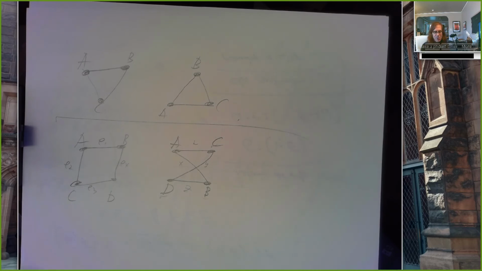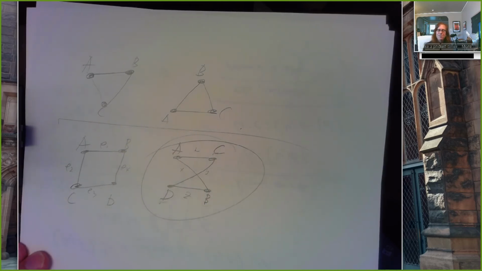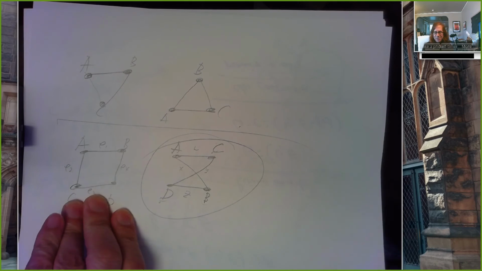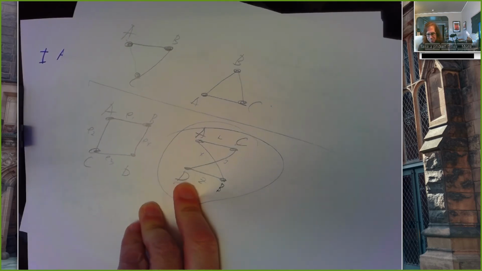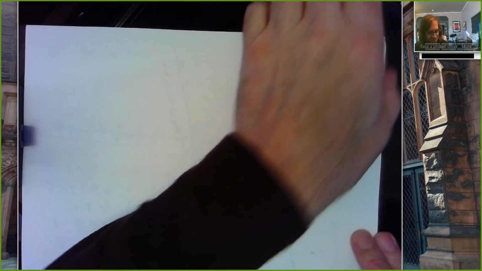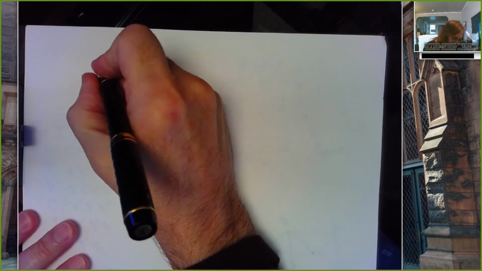But how do we know that this is exactly the same graph? So we want a definition of this. And the terminology here is isomorphism. And once you start talking isomorphisms, you're in for a good day.